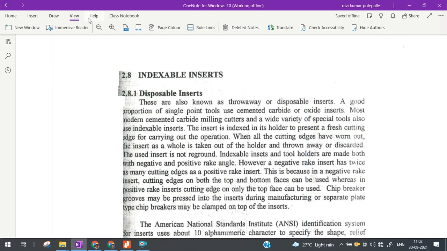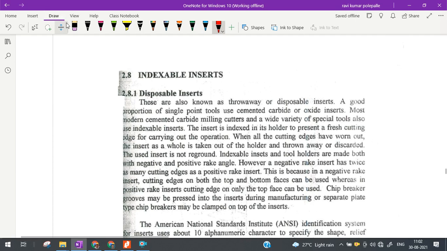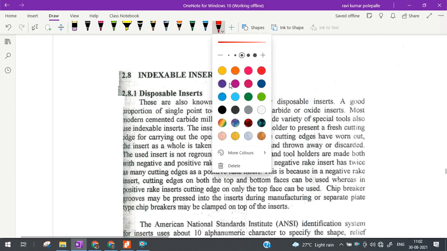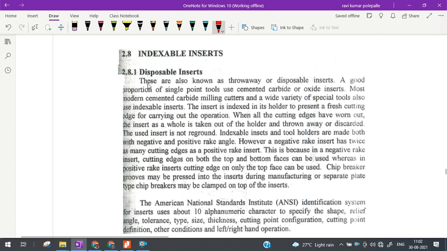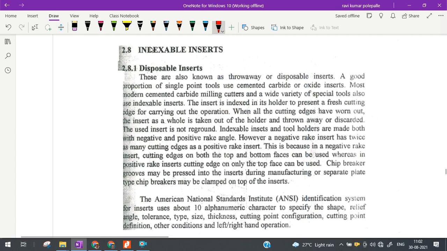Continuing the discussion, we shall talk about the indexable inserts. These inserts are called indexable inserts because we need not use a single edge of the cutting tool.